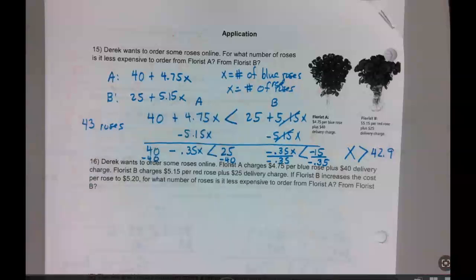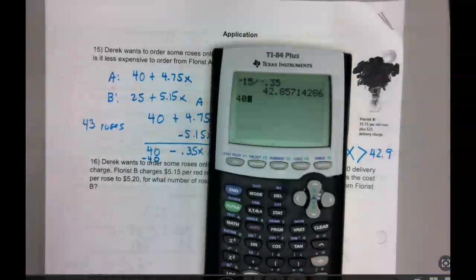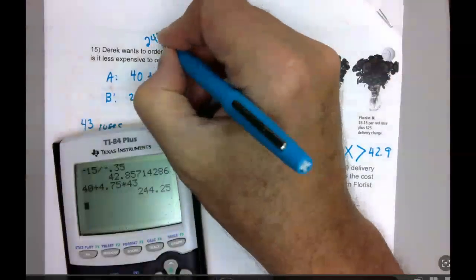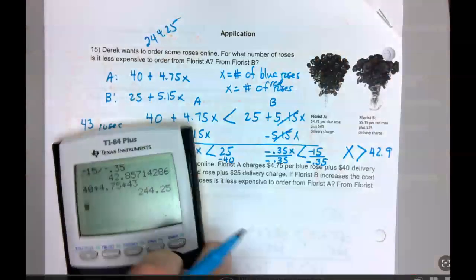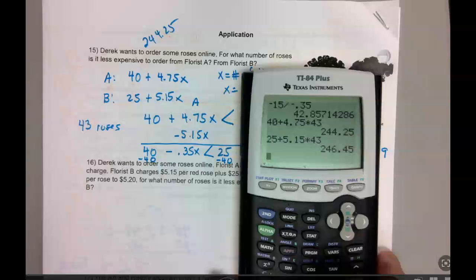Let's check it just to see. Let's put in 43 roses in A and see what we get. So 40 plus 4.75 times 43, and I get $244.25 for A. Then I'm going to put in B, 25 plus 5.15 times 43, I get 246.